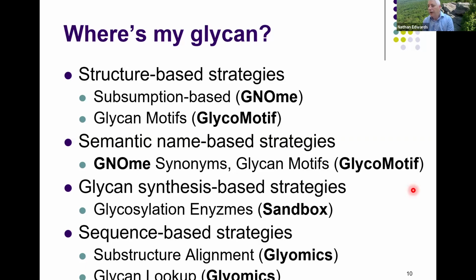We have a variety of glycosylation enzyme-based strategies supported by the Sandbox tool, which I'll also demonstrate, allowing us to jump between the enzymes which synthesize the structures and the structures that they synthesize. And lastly, we have a bunch of pure sequence-based strategies where if you have sequences which you don't know the GlyTouCan accession for, there are a variety of ways that you can look them up.